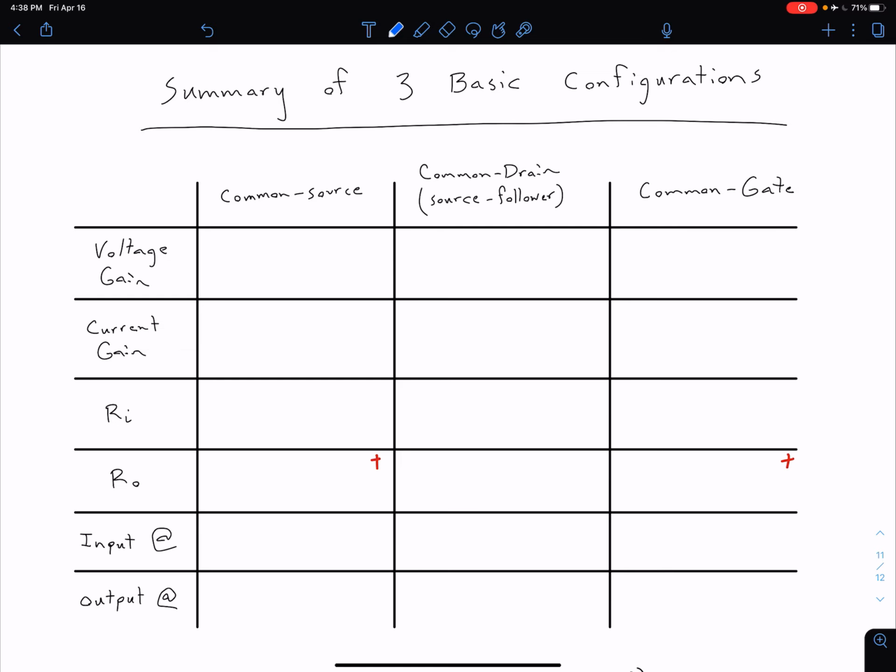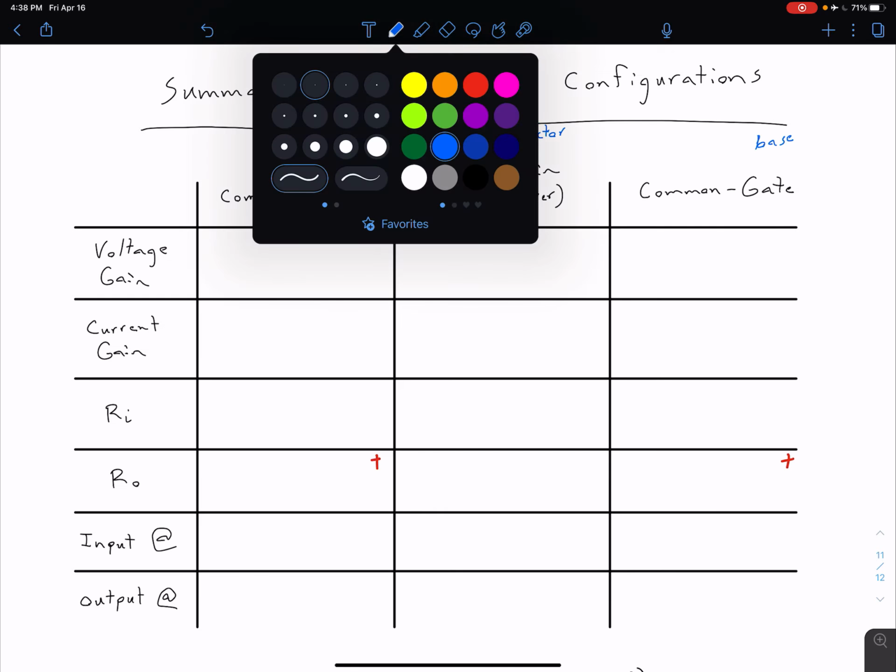And so we could say our source is a lot like our emitter for the BJT, our drain is a lot like our collector, and so the two names for these terminals, emitter, collector, source, drain, even kind of have the same idea, the general sense of what the terminal is doing is the same. And then of course our base is similar to our gate. So with that in mind, let's go ahead and fill in this table.